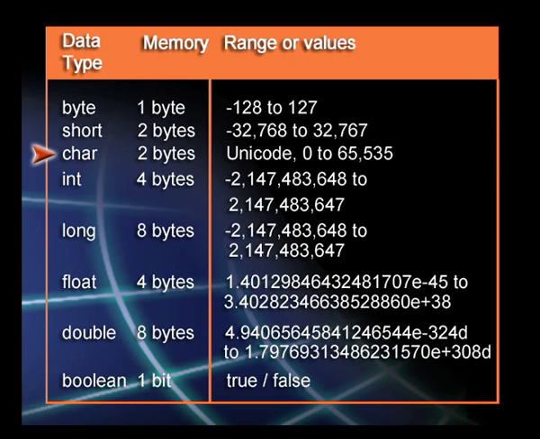Char occupies 2 bytes and can store Unicode-based characters of several Asian languages. Int occupies 4 bytes of memory and is similar to long in C++. Long occupies 8 bytes of memory. Float occupies 4 bytes and stores floating point values. Double occupies 8 bytes.